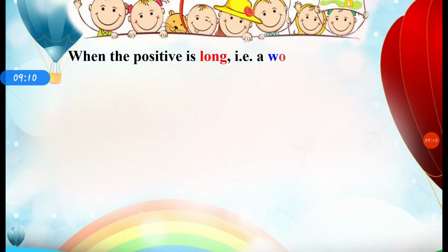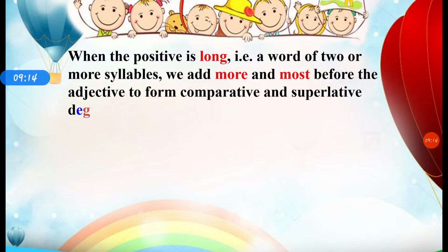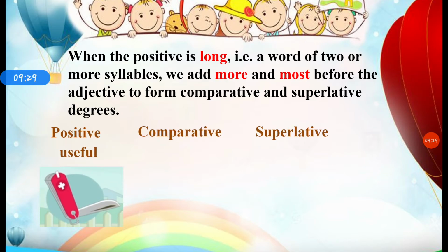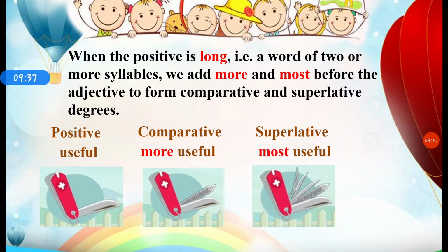Rule number 5. When the positive is long, that is a word of two or more syllables, we add more and most before the adjective to form comparative and superlative degrees. That means, here are examples: useful, more useful, most useful.